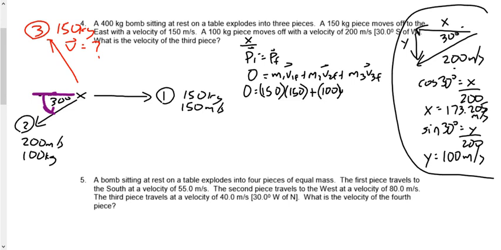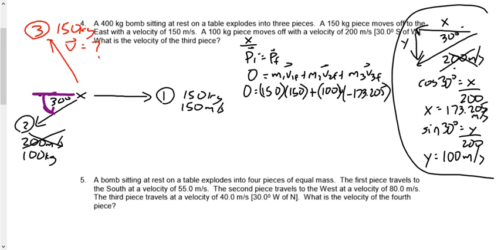No, not the 200. We never want to see that again. That's the reason we took that over to the side, to get rid of that 200. So what is it? 173. Do you see why it's 173? We're actually going to make it negative, though, because it's left, because it's west.